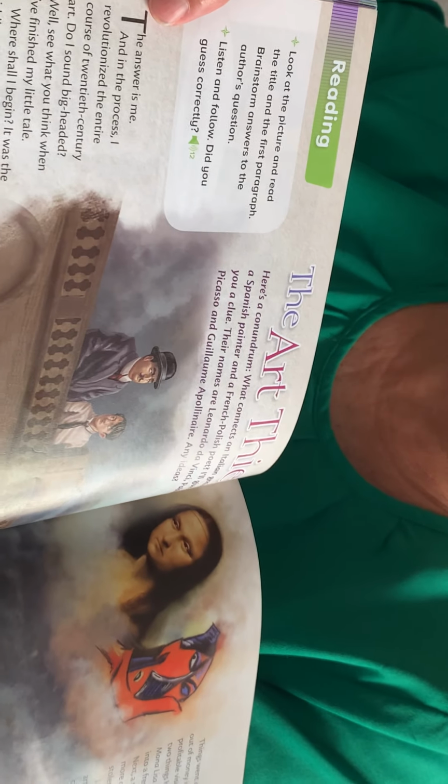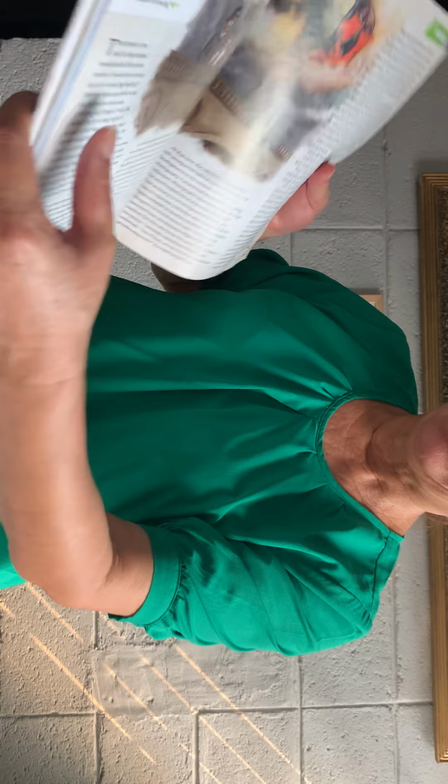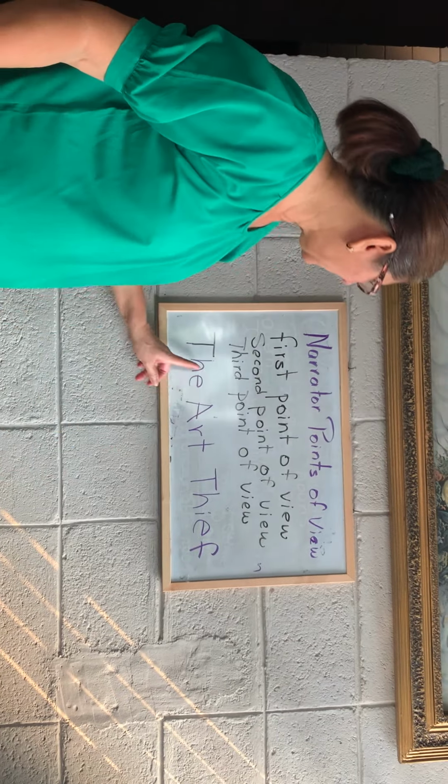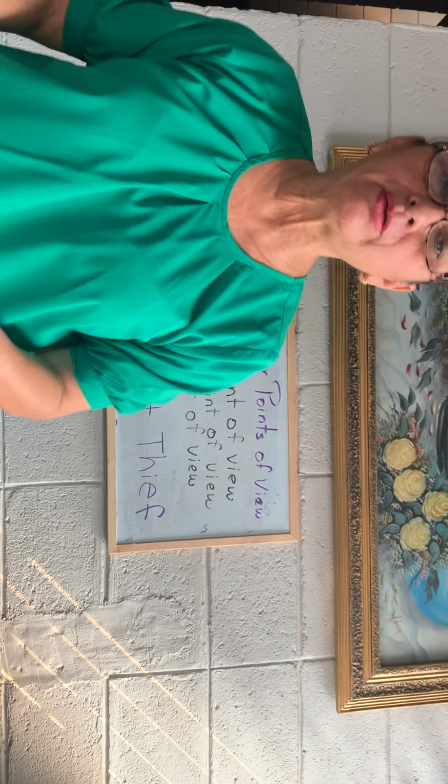Then the story starts there, and it answers the question: the answer is me. As you see, the story begins with the personal pronoun I. That means that The Artist is in first point of view because the personal pronoun is I. The narrator is telling the story from the first point of view.